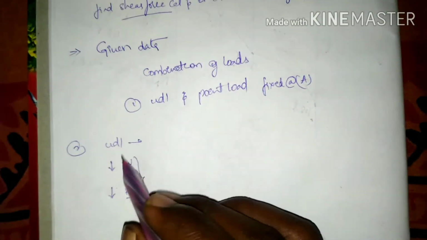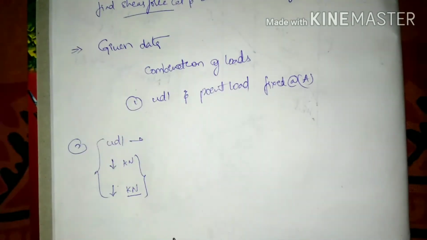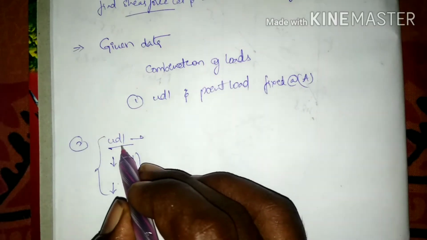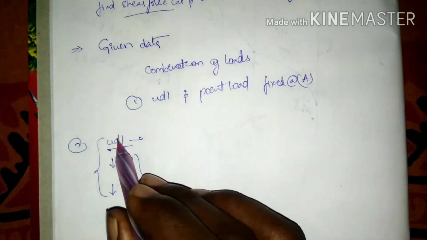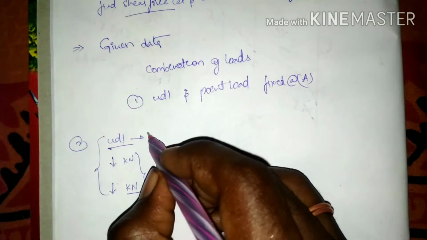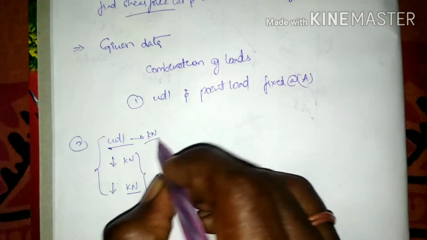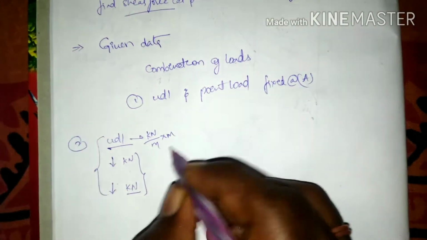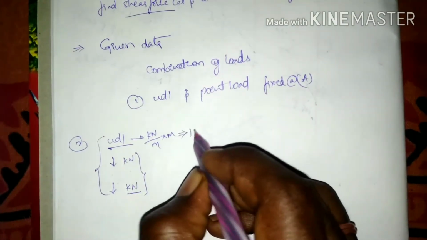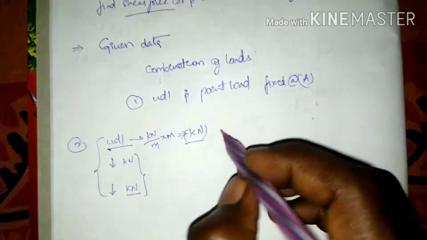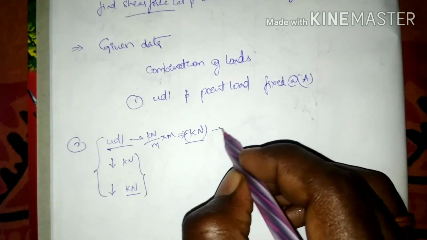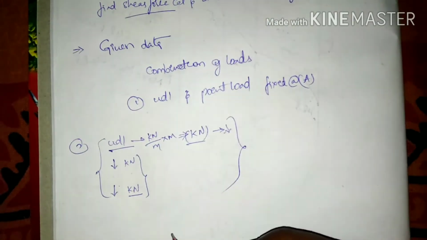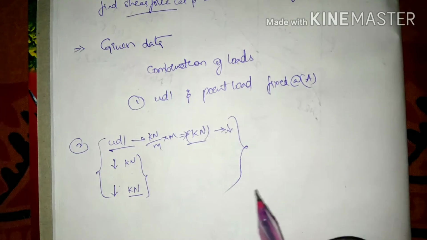When we are going to add both total loads, we are going to convert the UDL to point load, such that the UDL is in kilonewton per meter. When it is multiplied with meters, it is going to convert to kilonewton, so that we can add the three loads.